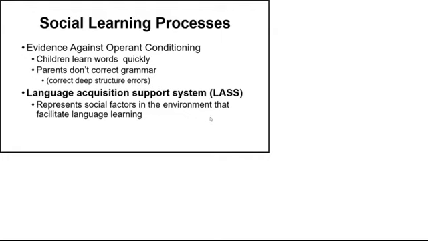There's something in the middle. So the language acquisition support system, or LAS, because they really fit that in there to make them match. But they said that this is something that helps contribute, or includes contributions from both genetics and environment.